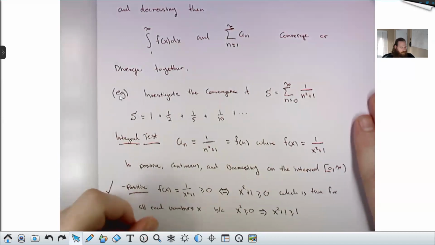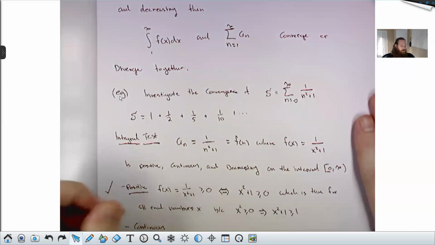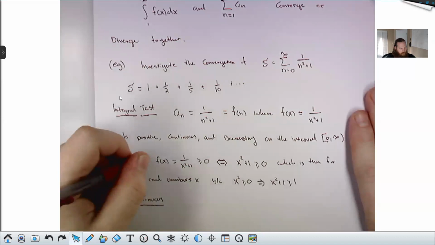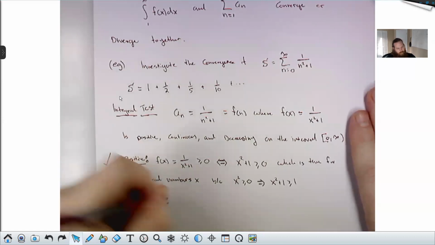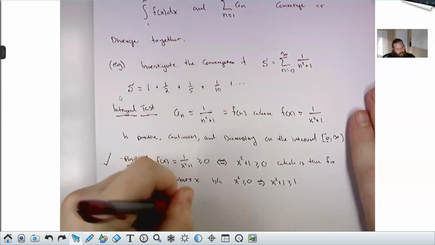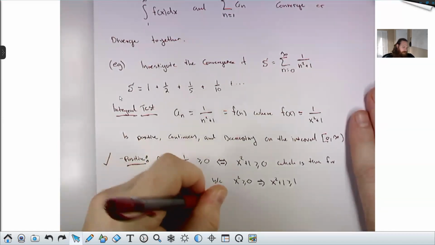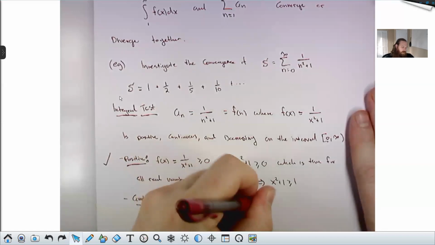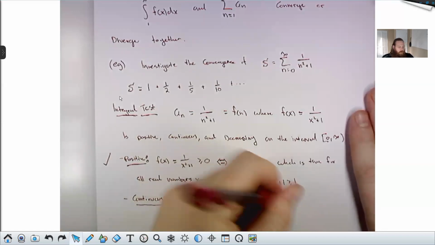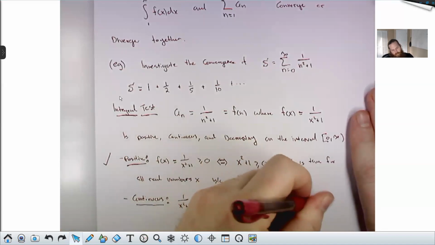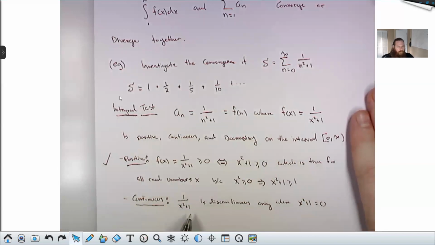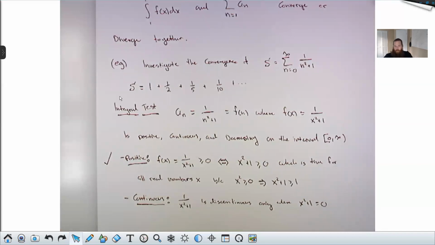Continuous. Is this function continuous on the interval 0 to infinity? Yes, it is. So 1 over x squared plus 1 is discontinuous only where x squared plus 1 is equal to 0. It's a rational function, a ratio of polynomials. Those are continuous everywhere except where the bottom is 0.